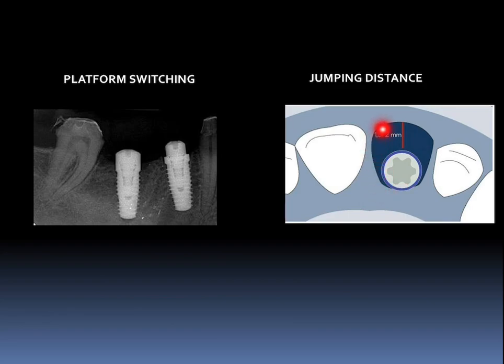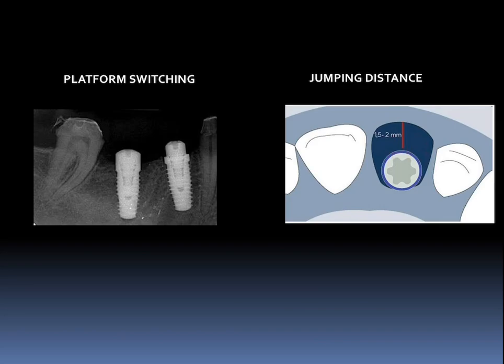Now, talking about the jumping distance, when we go for direct, that is immediate implant placement after extraction, we can see a socket which is irregular and larger in diameter than the normal implant. Now when the implant is placed in such a socket, if the socket remains empty by less than 1.5 mm, it should not be grafted.